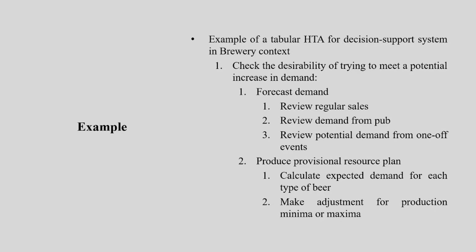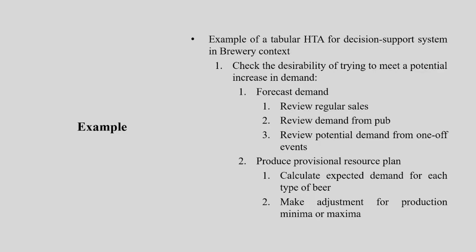So the result of forecasting the demand will be used to calculate the expected demand for each type, each variety. Once that is there, we need to do the adjustment for production: what is the maximum possibility, what is the minimum possibility?